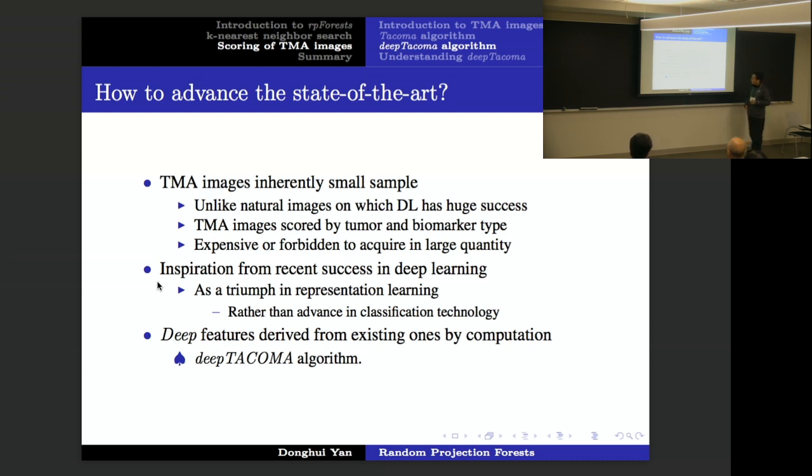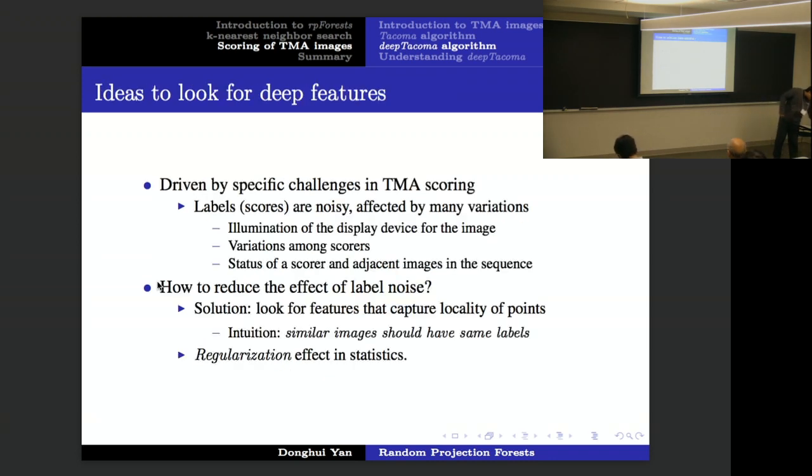As I just mentioned, we found the labels are quite noisy, and we want to enforce one particular idea: similar images should have similar labels. Sometimes if similar images do not have the same label, that means there is potentially some mistake. We want to enforce this, and this is similar to the idea of regularization in statistics and machine learning.